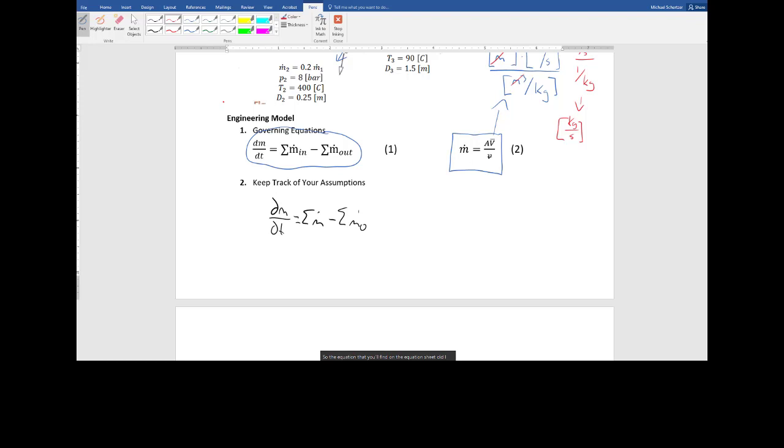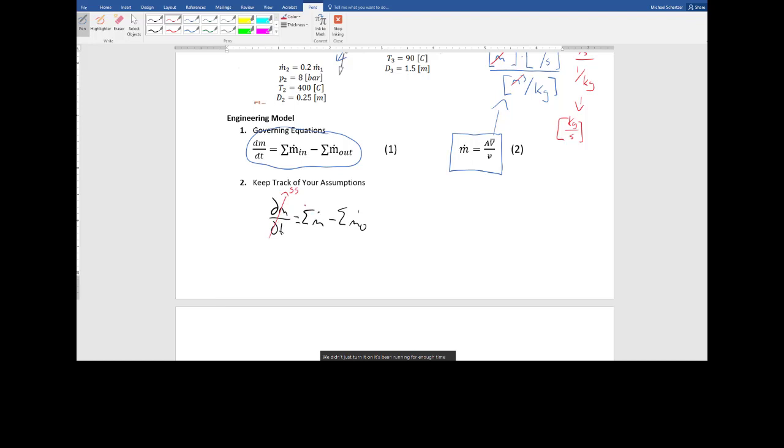Because if you do that, then in order to get to a symbolic solution, you have to tell me what your assumptions are. So in this case, we'll say that this is at steady state. So that the turbine's not warming up. We didn't just turn it on. It's been running for enough time that all of these properties are not changing with time.